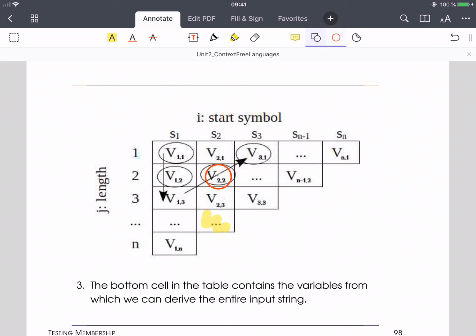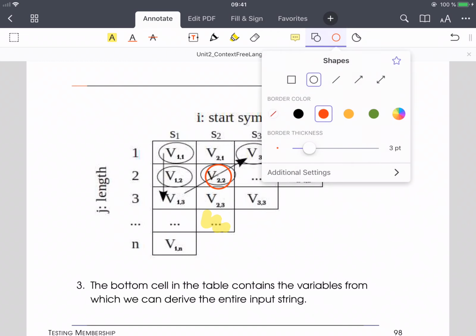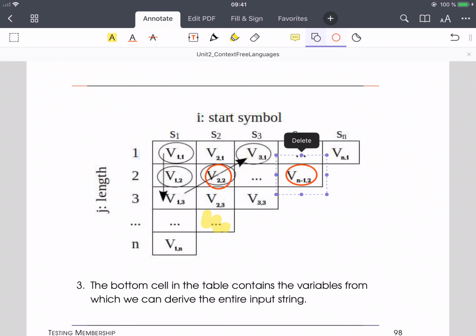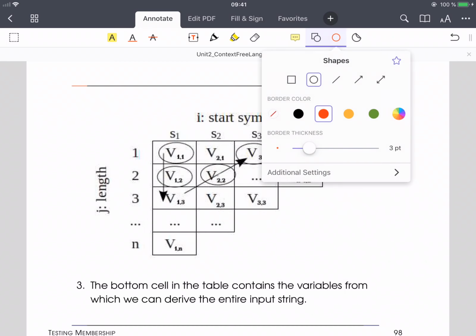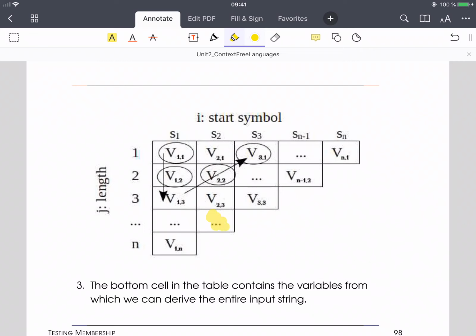We start one symbol to the right and with length one symbol less. So we need to consider this cell here. And finally, for this cell that we are filling in, we need to consider this cell together with this cell.